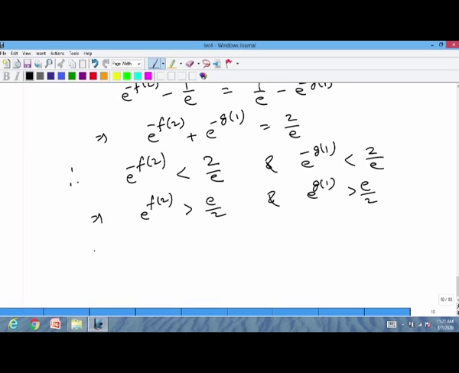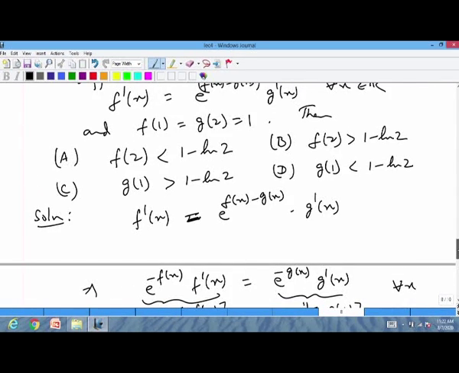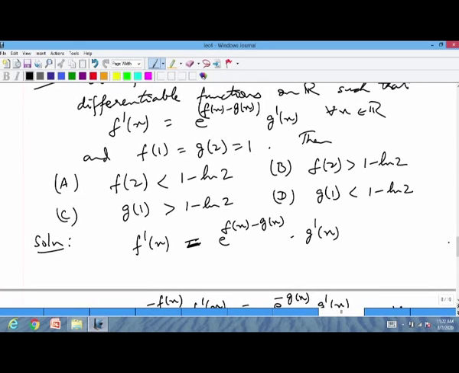Then by taking log, f of 2 will be bigger than log (e by 2), which is 1 minus log 2, and similarly g of 1 is bigger than 1 minus log 2. So, option B, f of 2 bigger than 1 minus log 2, and option C, g of 1 bigger than 1 minus log 2, these are correct, and A and D are wrong.